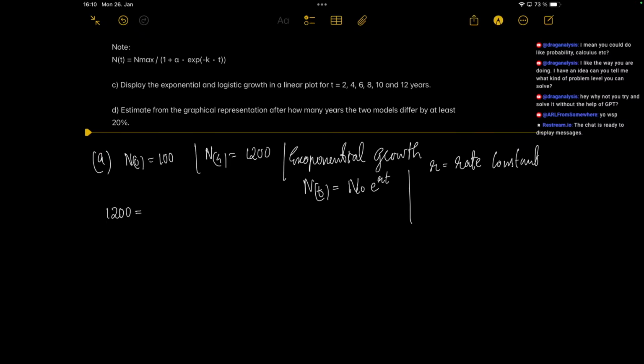1200 equals 100 into e raised to 4r. e raised to 4r equals 12. r equals log of 12 divided by 4.